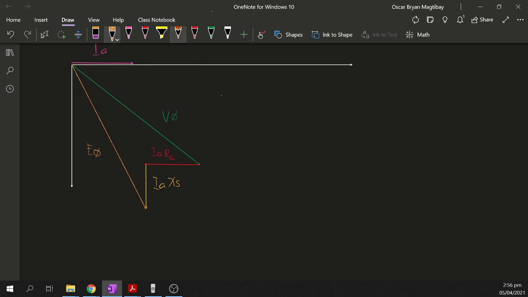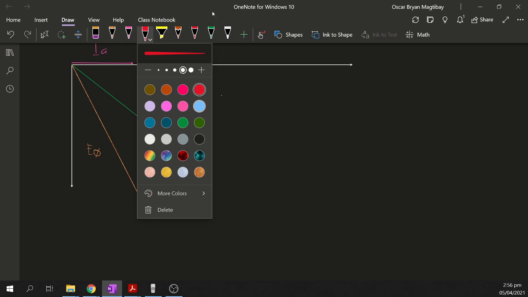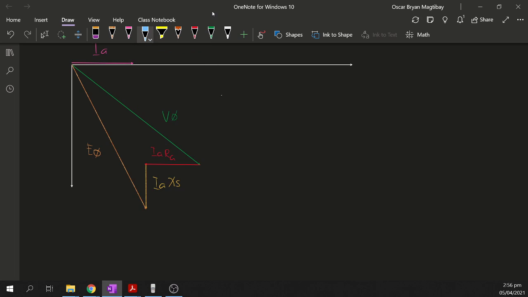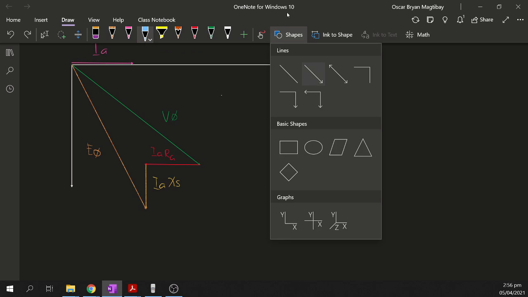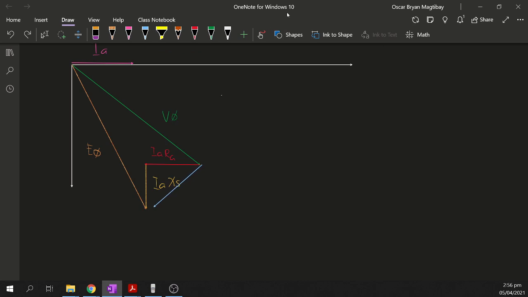Then, alam din natin sa ating equation that the resultant of IARA and IAXS, ito, is IAZS. So, lagyan natin ng mga angles na kailangan natin. So, this is theta. This is our torque angle sigma.